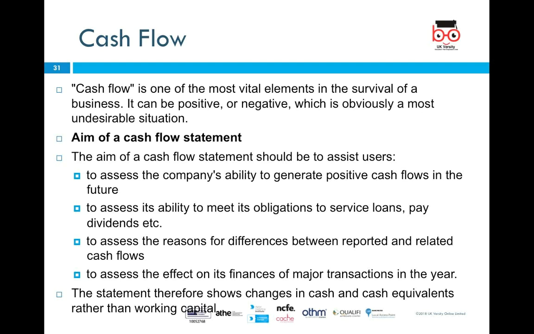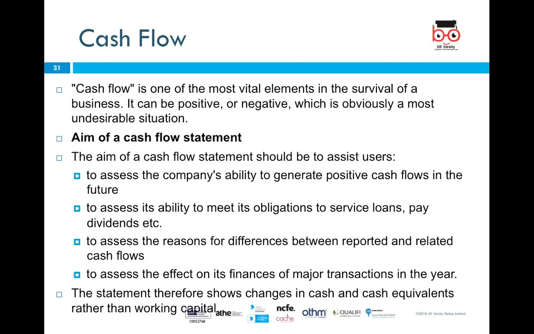Normally, cash flow means cash in and cash out, because that's how much cash is coming in as products are selling, so the company is receiving the money from the clients, that's the revenue. So how much revenue is coming, and then how much expenditure is going out, and the difference is cash flow.